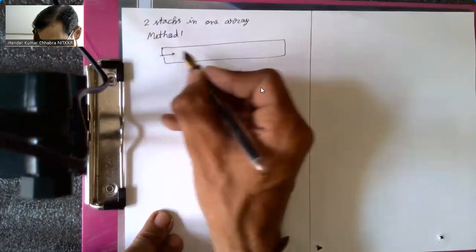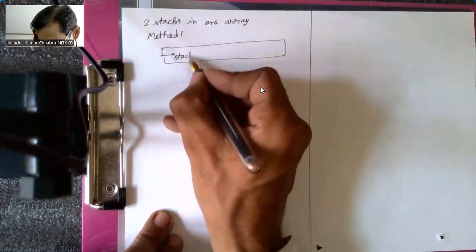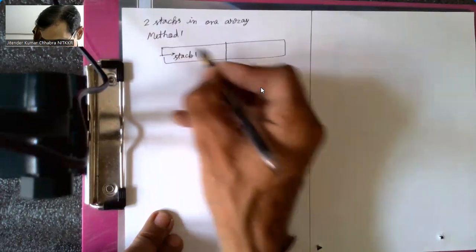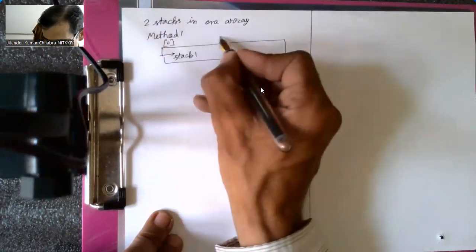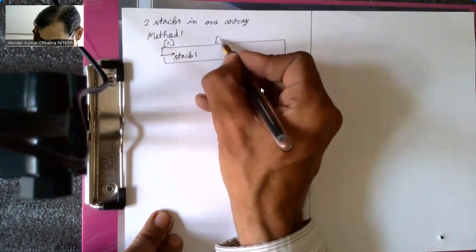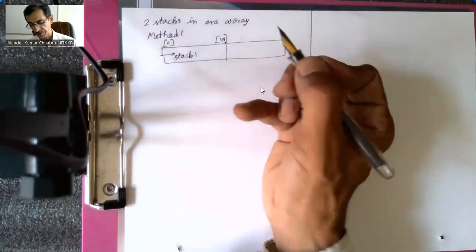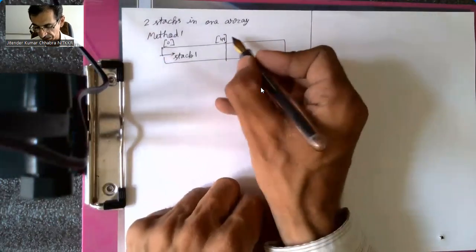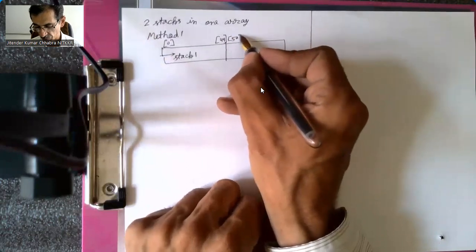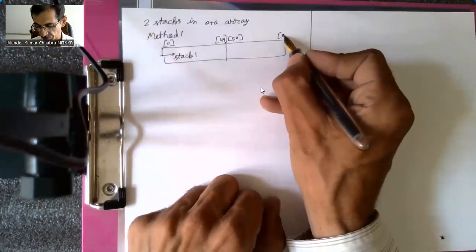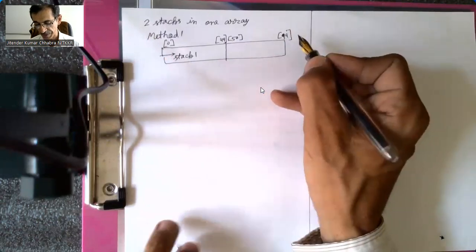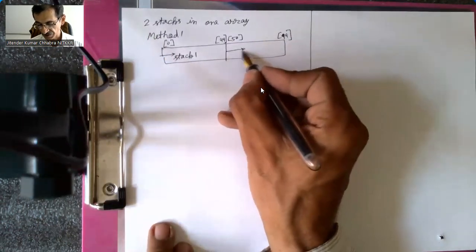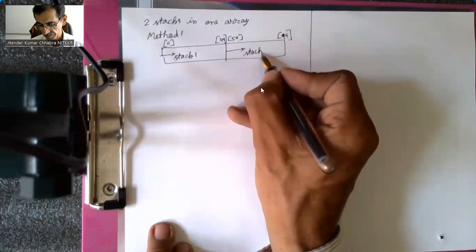My stack 1 grows like this and goes up to the middle. Say, let's say 0 to max by 2, 49, approximately max by 2 minus 1. And the second stack obviously goes from 50 to 99. Of course, in terms of max, it can be done. So I say stack 2 will be like this.